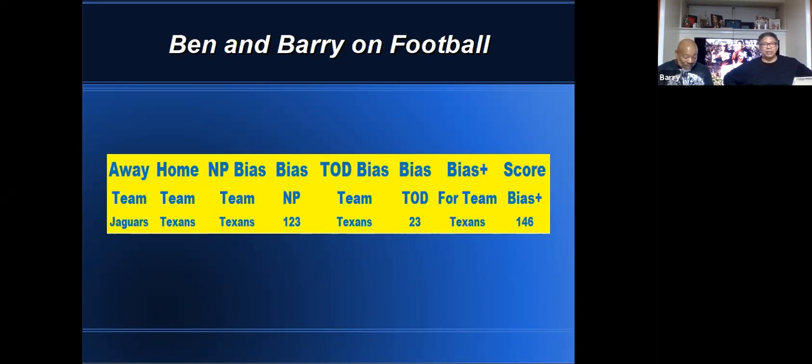Okay. Jaguars, Texans. This game means something. With the Texans having a 123 net point bias and a 23 turnover differential bias, giving them 146 as a bias plus score, favoring the Texans. What does it mean? As impressed as I have been with Derrick Henry and the Titans, I want the Texans to win this game and end the suspense.